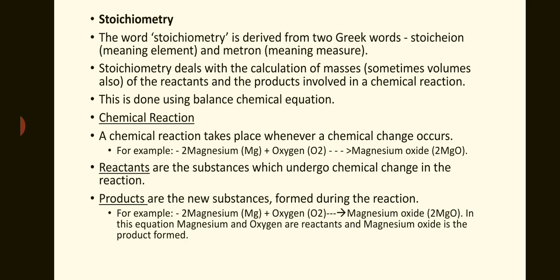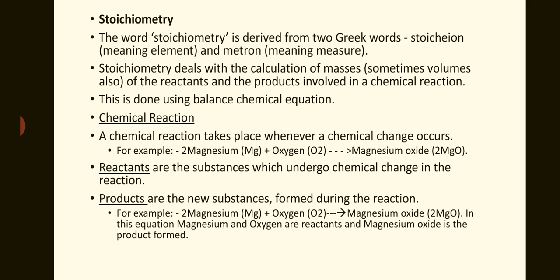Products are the new substances formed during the reaction. For example, in the above example we have seen magnesium metal when burned in the presence of oxygen gas gives us magnesium oxide. In this equation, magnesium and oxygen are reactants and magnesium oxide is the product.